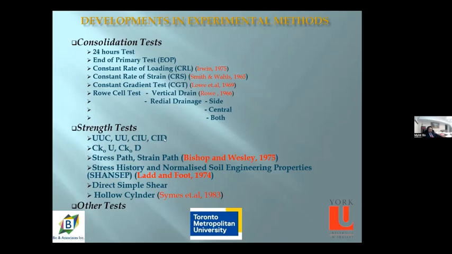But when you really think about that, soils are not consolidated under an isotropic condition. Isotropic condition means the vertical stress and horizontal stress are the same, but in situ they are not the same. The horizontal stress is a multiple, K naught, of the vertical stress. That's why K naught consolidated undrained tests were developed.